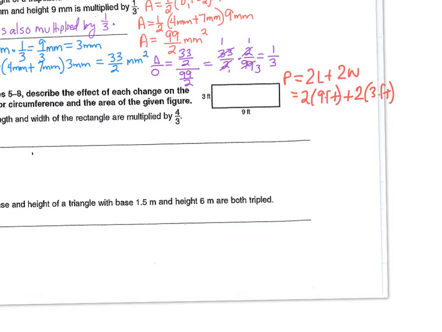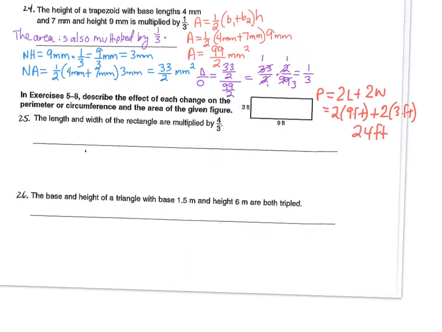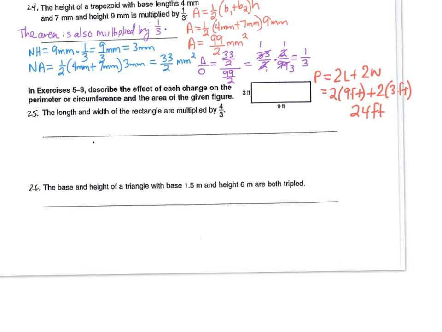So what is 2 times 9 is 18 plus 6 is 24. So the perimeter is 24 feet. And now let's go ahead and do the multiplication of what they're saying. They're saying the length and the width of the rectangle are both multiplied by 4/3, so let me multiply that.